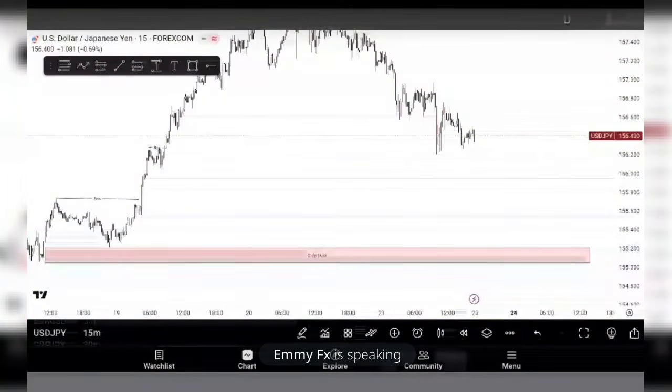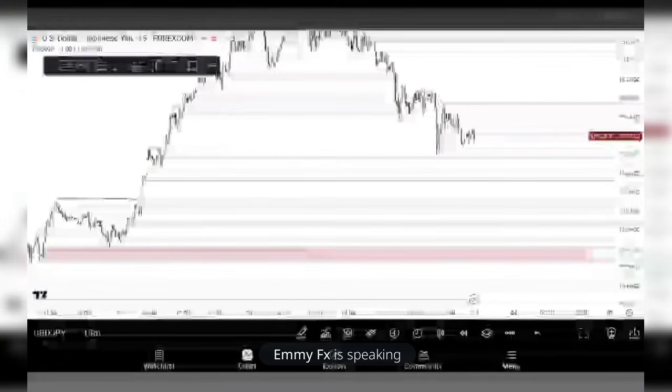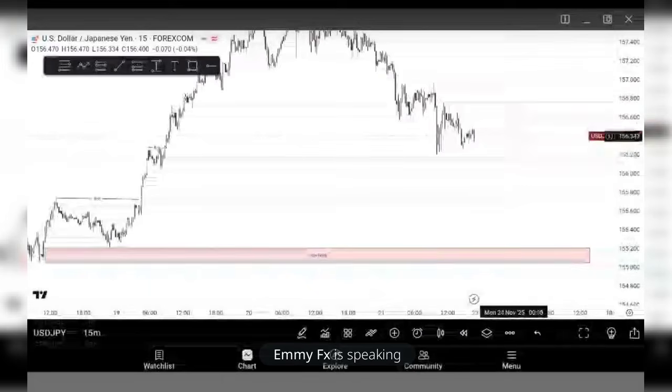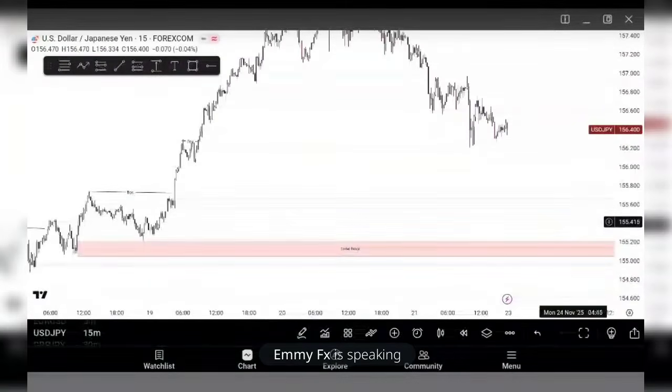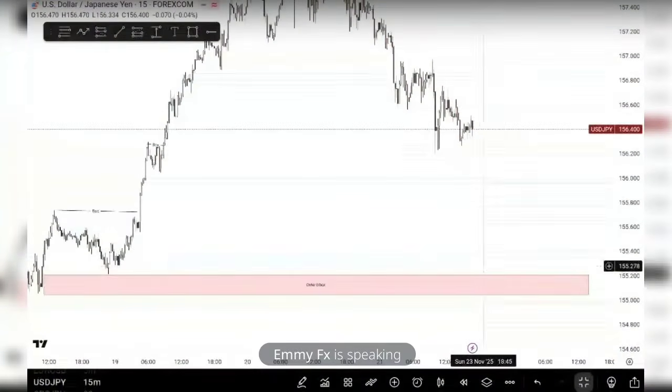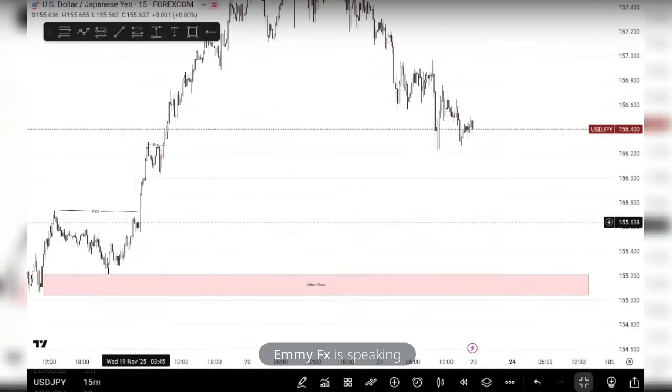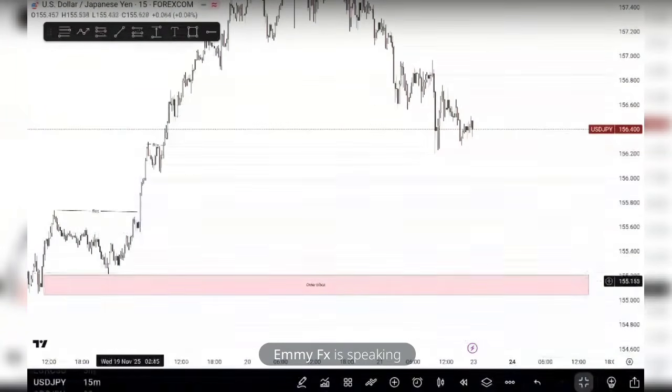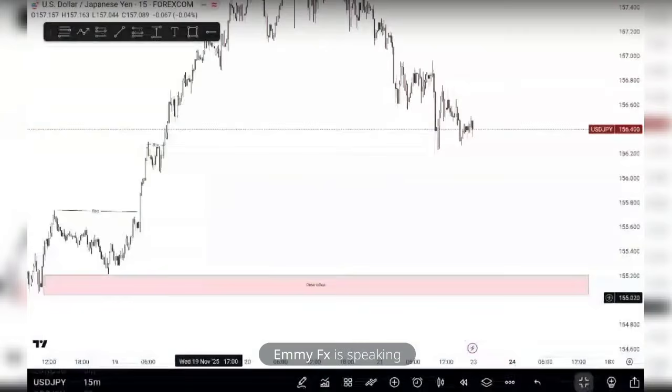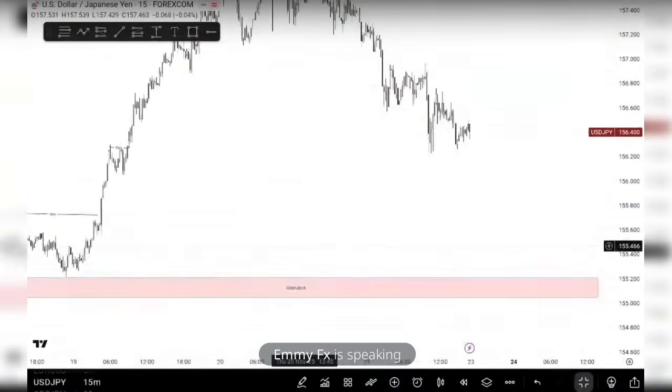Throughout last week, the market is moving bullish to the upside. So instead of using this other block here, I'm going to wait for it at this OB.